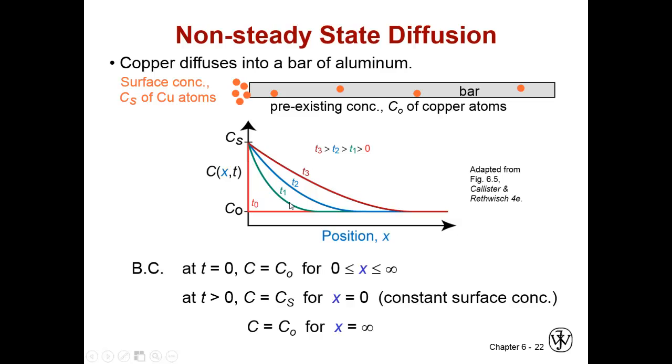So that's at the initial time, that's at some time later, and some time later. This indicates that our concentration is higher at this point at the later time than this point at the earlier time. And at this point, at the initial time, there was merely an initial concentration of copper atoms in this bar.